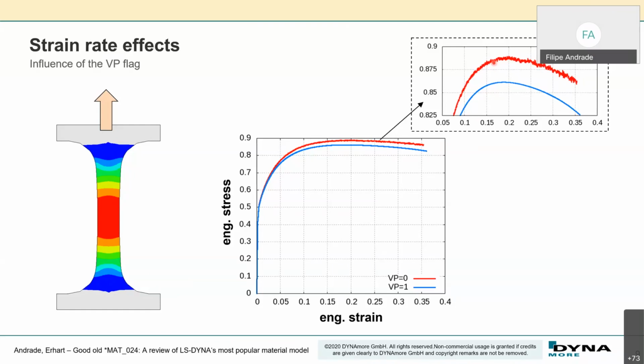Sometimes they have old validated material cards with VP0, so they can keep using them. But if you're starting a new material card from scratch and you don't have to use intersecting load curves, then our recommendation is always to use VP1 for the calibration of your material card.